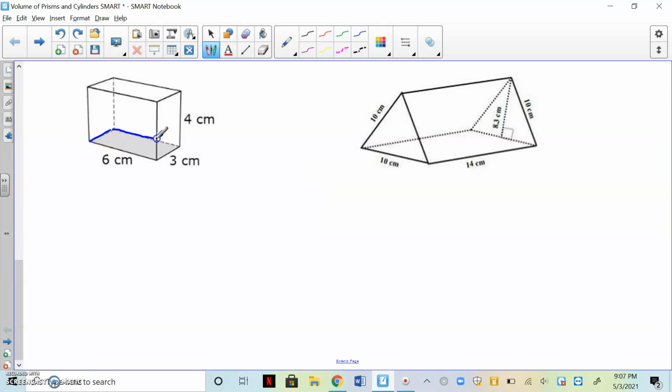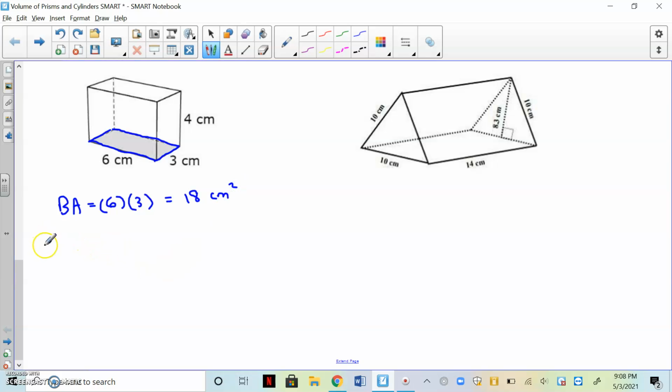Okay, it's right over here. The area of it would be base times height, so 6 times 3, giving us an 18 square centimeter area.